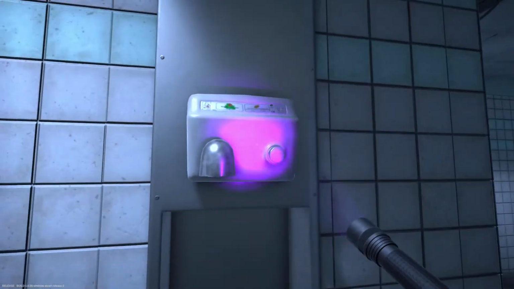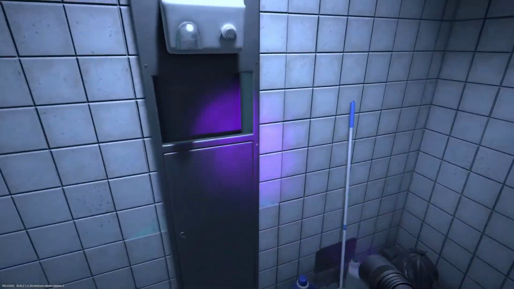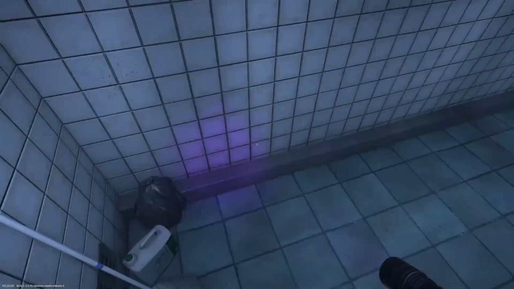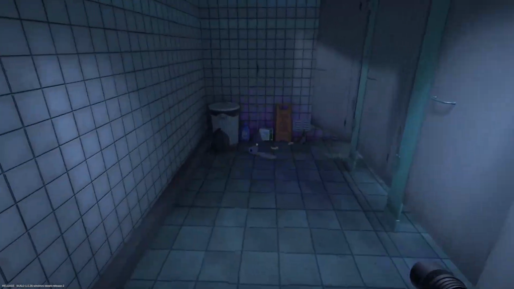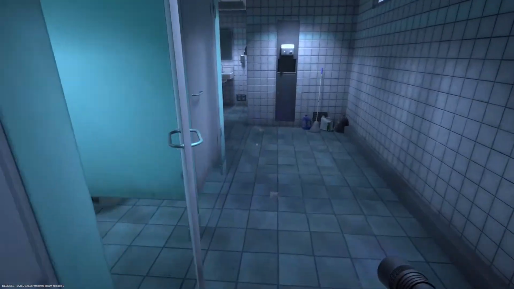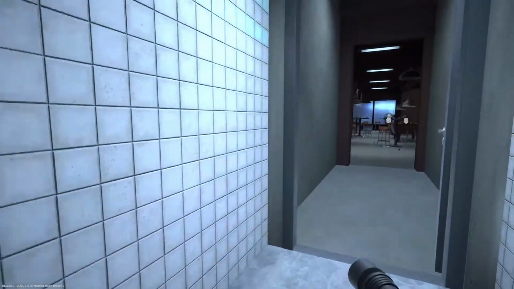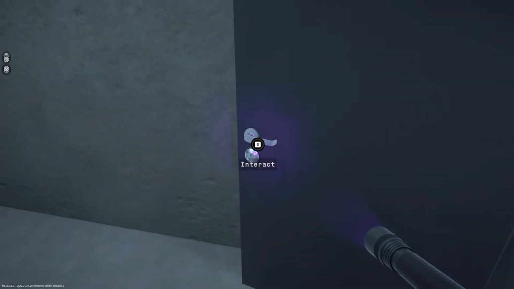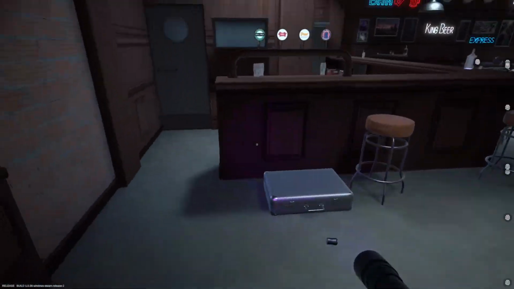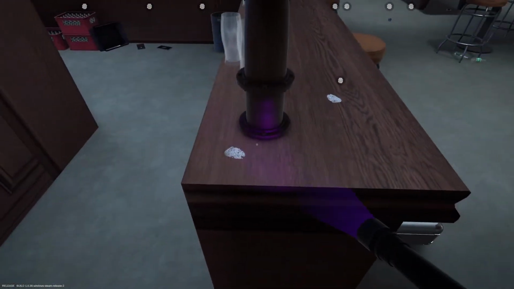He went in there to pick up the gun, not drop it off. Alright, I think that's it. It's probably just a gun in there. Let's go check the bar. Alright. More fingerprints.